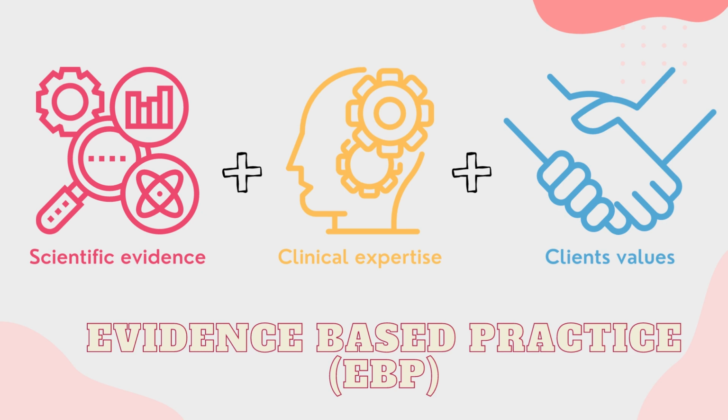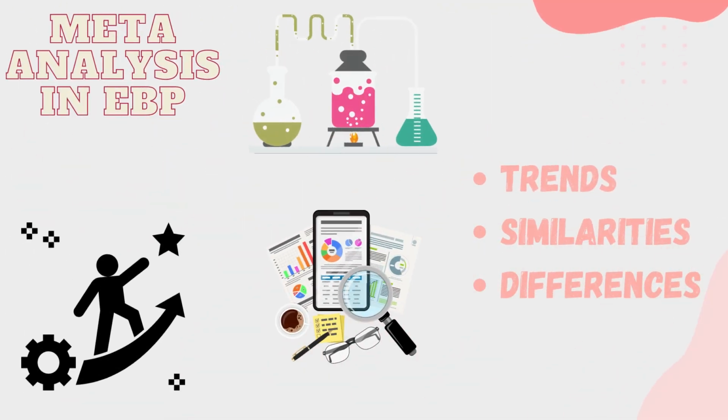The scientific research element that goes into evidence-based practice is where meta-analysis can be used in a beneficial manner. As previously mentioned, meta-analysis is a statistical procedure that combines multiple studies into one by investigating common problems or issues and then evaluating the efficacy of interventions across various studies.